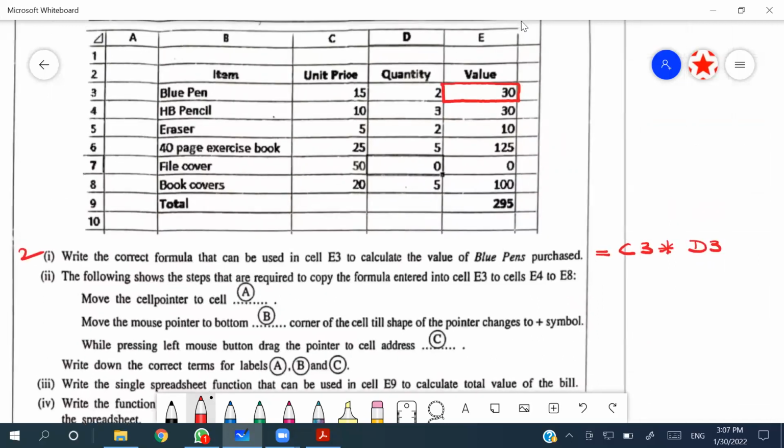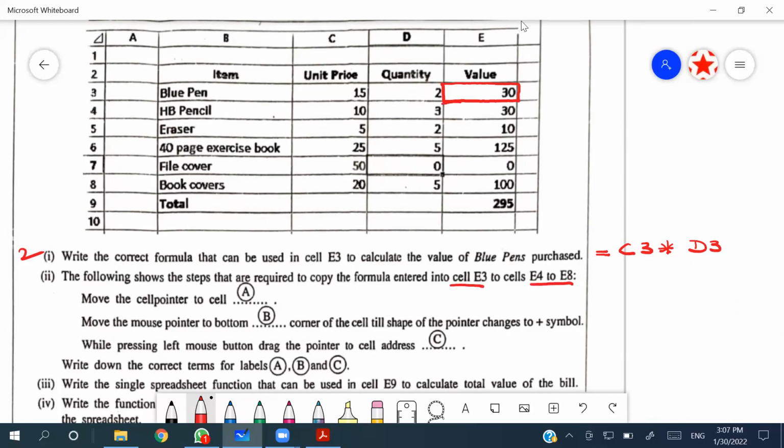Then the second one, the following shows the steps that are required to copy the formula entered in cell E3 to cell E4 to E8, right? Move the cell pointer to what? So they are going to copy the things in cell E3 to cell E4 to E8, right?